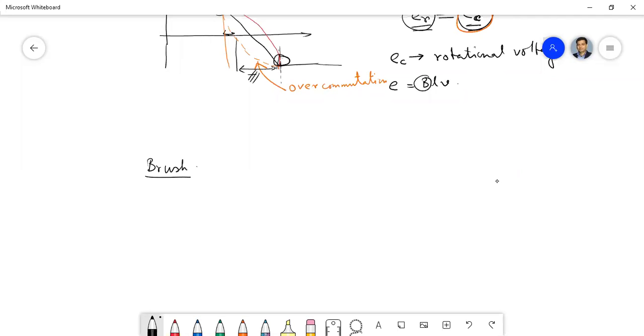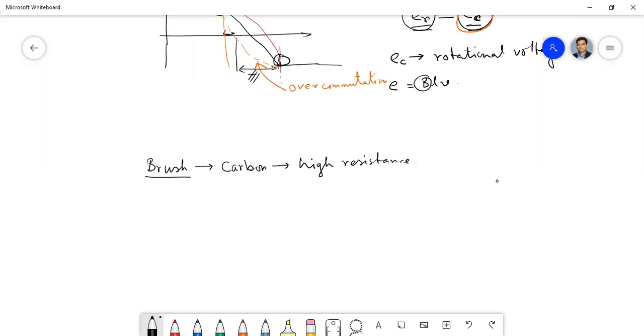So this brush we use for commutation, and it is made up of carbon, not plastic. Okay, and a very high resistance carbon you use for this commutation brush. Okay, and why? That is to limit the short circuit current.